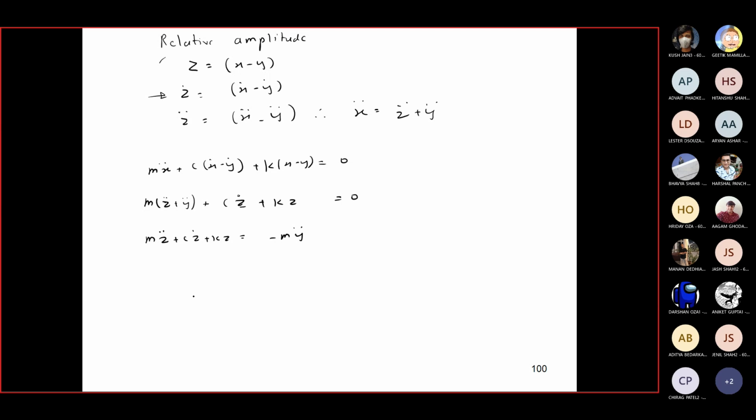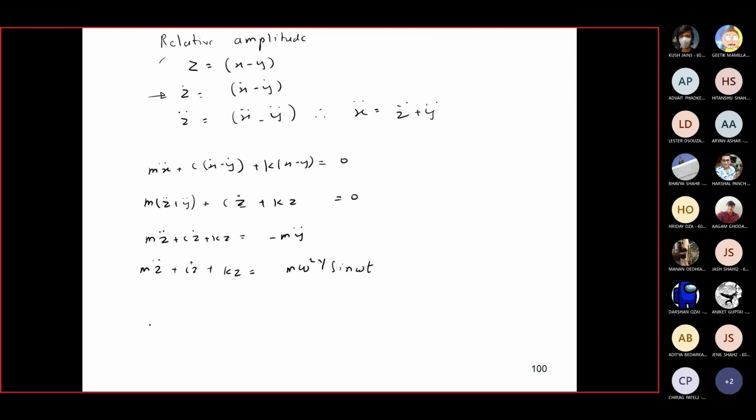And so again, this simplifies to m z double dot plus c z dot plus k z is equal to m omega square Y sine omega t, right?